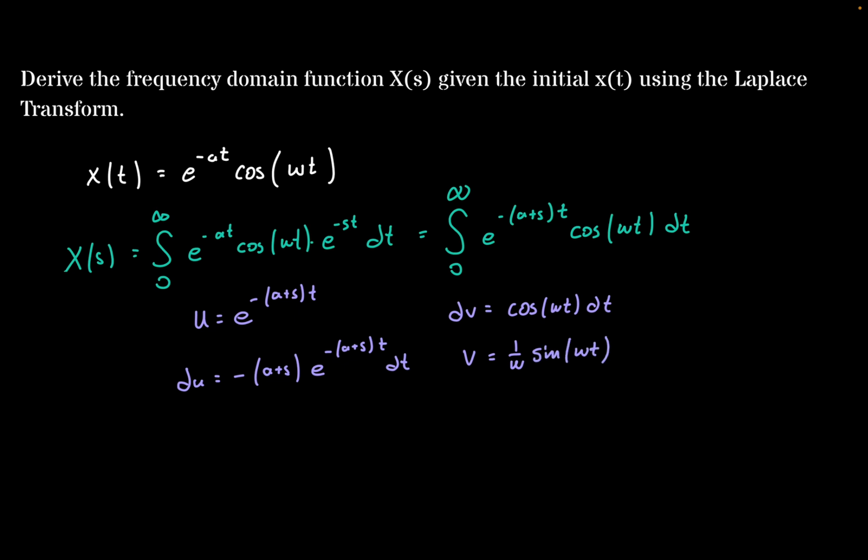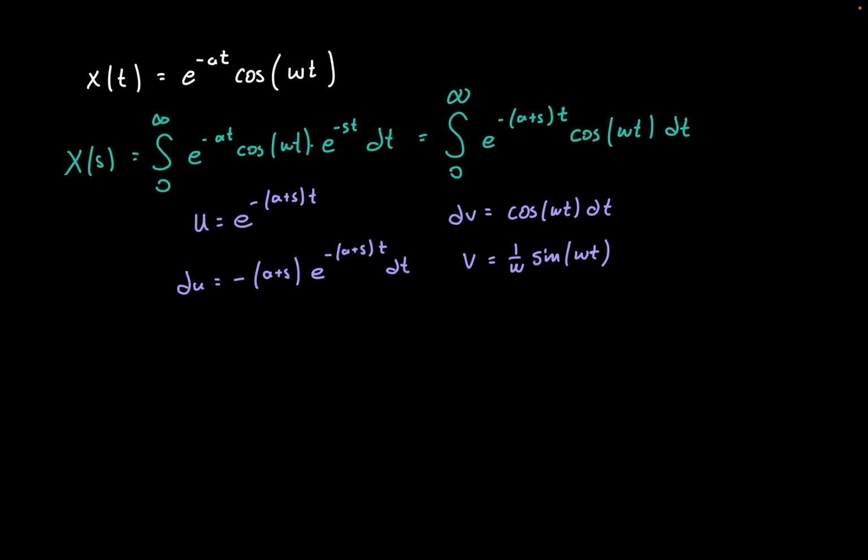Now the next step is we multiply our u and our v together, and then evaluate it going from 0 to infinity. So we'll have 1 over omega sine omega t, and then e to the negative a plus s times t, evaluated from 0 to infinity.